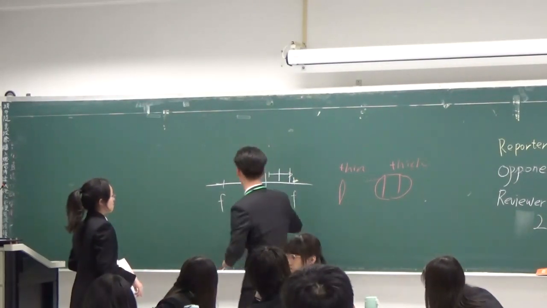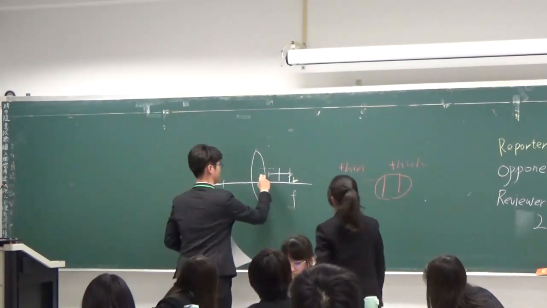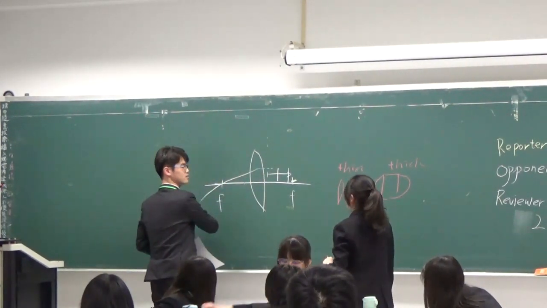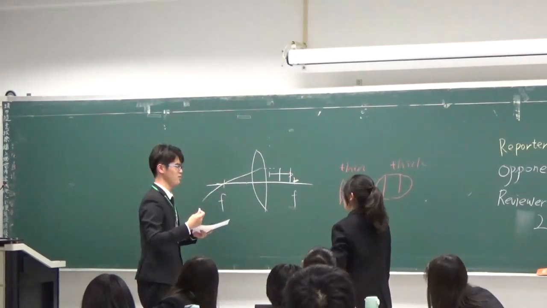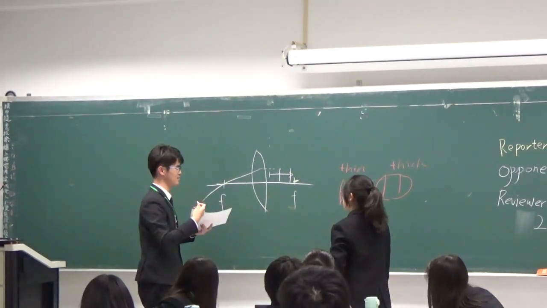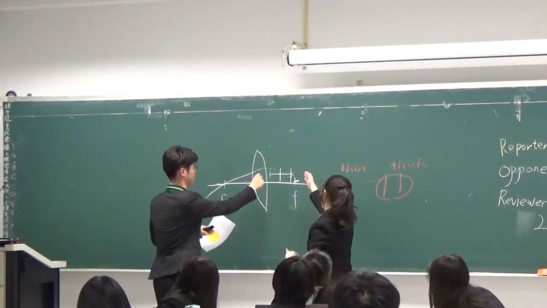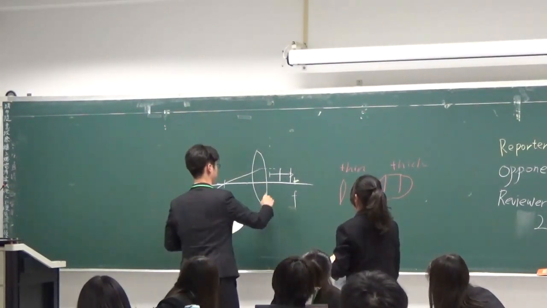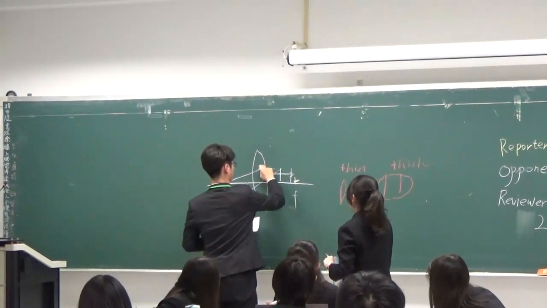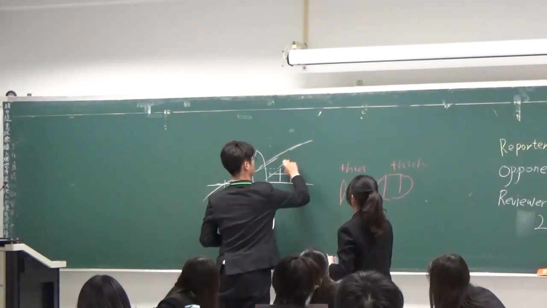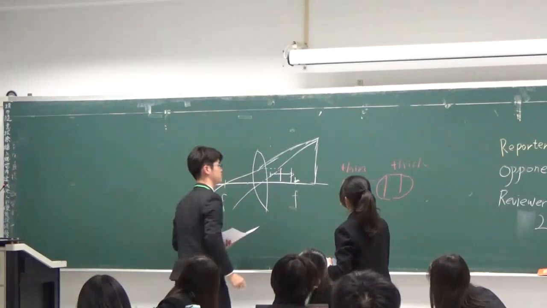For example, in the ideal situation, the light emitted from this object will travel like this, right? But the virtual image is actually formed by the eyes. Then can you draw this? Then the virtual image will form like this, right? Yes.